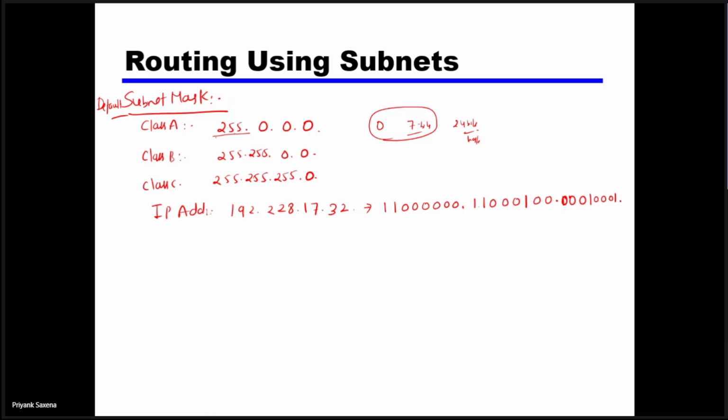Then the last one. It would have been better to write it smaller. Okay, I am writing it again.